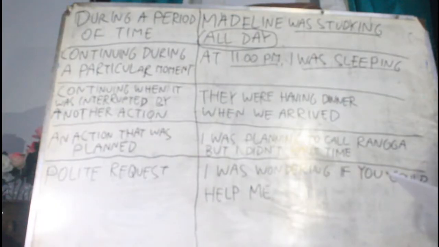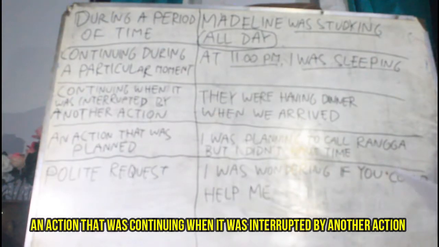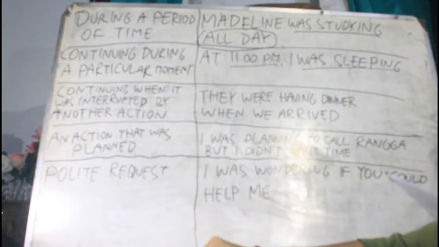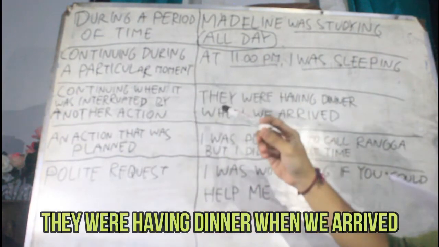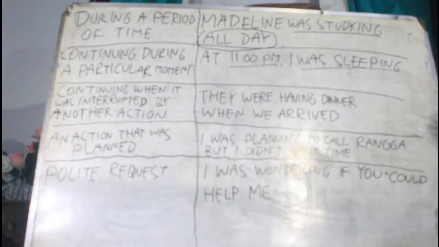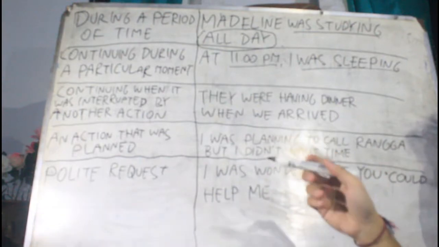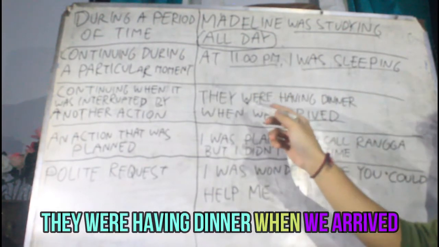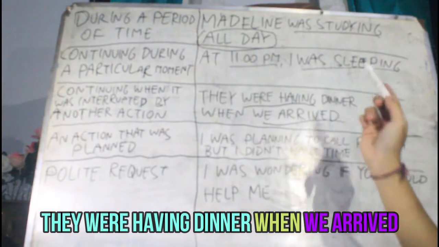Next, we can also use it to talk about an action that was continuing when it was interrupted by another action. For example, they were having dinner when we arrived. This is interesting. We have two sentences, so we have simple past and we have past continuous.